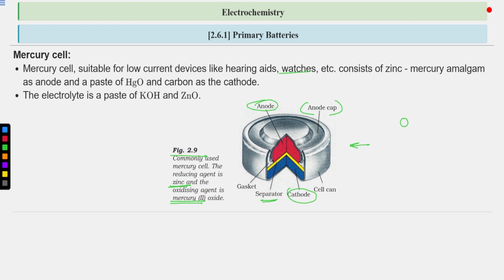This container, which has a greater length than the anode cap, is called the cell can, where everything is fixed. The yellow part is the separator, and this slight silver part of the cell can is known as the gasket. So this is the structure of the mercury cell.